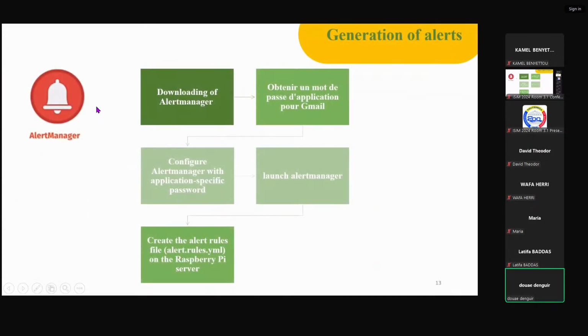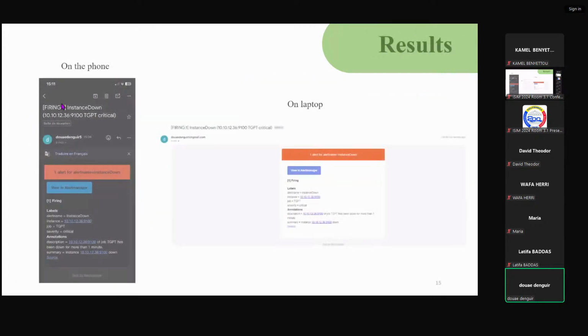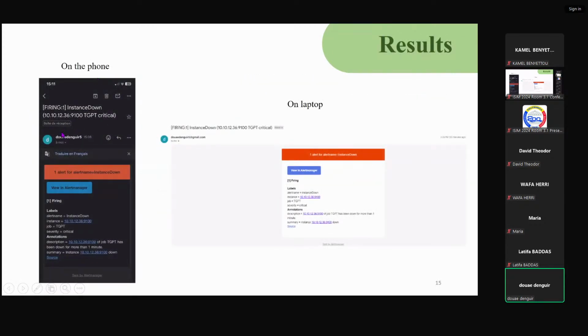And then this is the Alertmanager, another tool used for generating alerts to receive notifications by mail, in Gmail. Here is an example of an alert, and another example on the phone. For example, there is an instance down of this LoRa gateway, shown on a laptop.